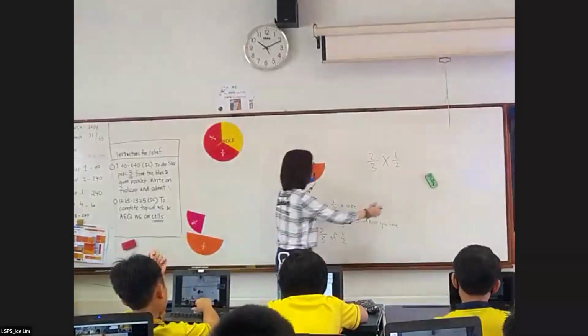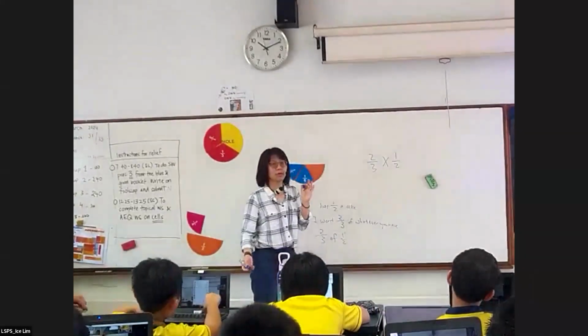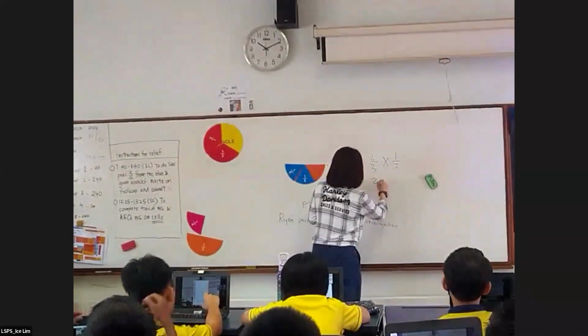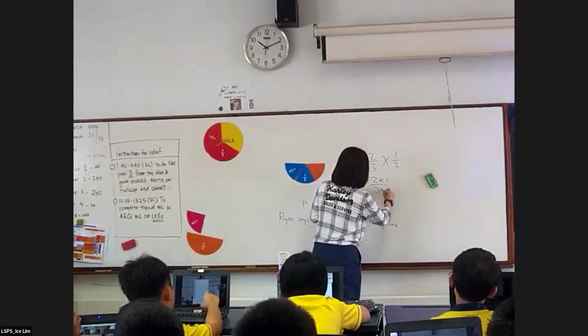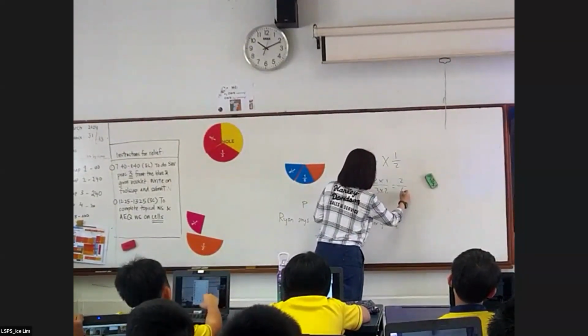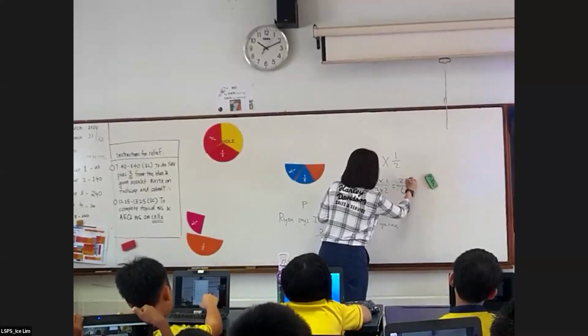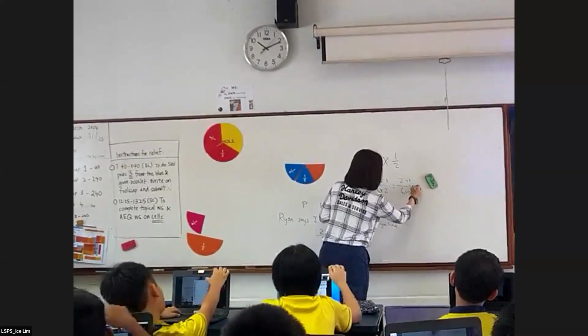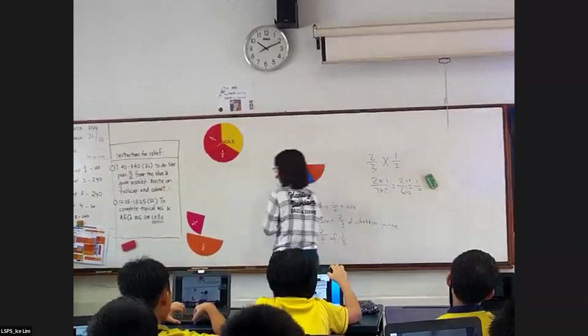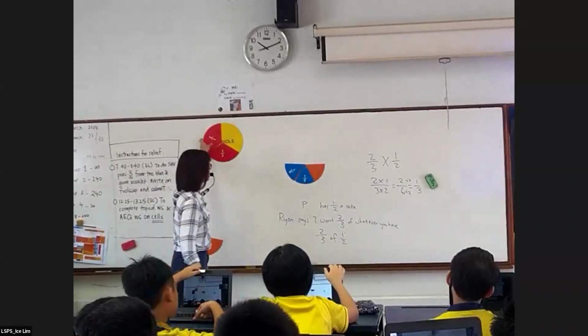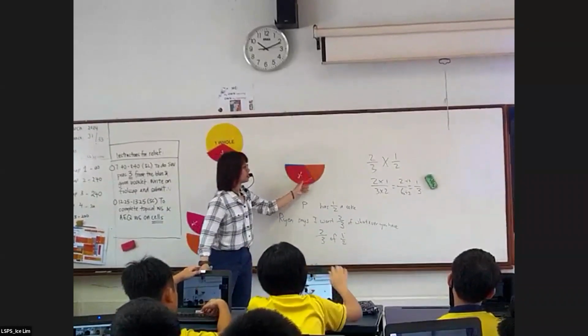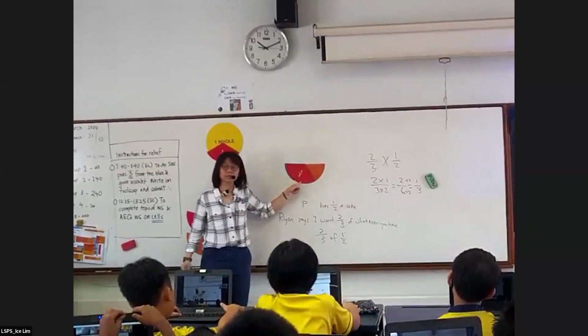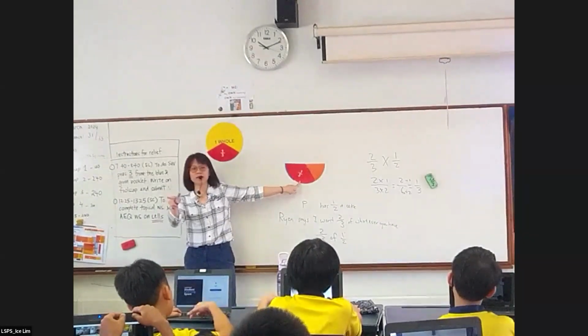I can actually do simplification, or I can just do numerator times numerator, denominator times denominator. That gives me 2/6. And I can simplify to 1/3. Which eventually you realize that, hey, this is what Ryan is getting.